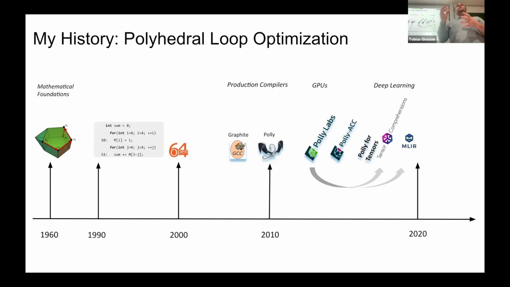So we take a loop that iterates over an iteration space, and we model that iteration space as a polyhedron, so a set of linear constraints, and then we use constraint programming to analyze the loop, reason about it, and transform the program. And so there was a lot of LP solving involved at that time. That's where I got into compilers, and one of the connections to mathematics that I have.